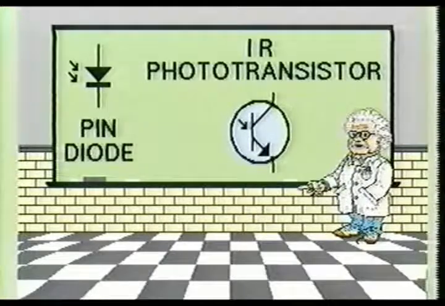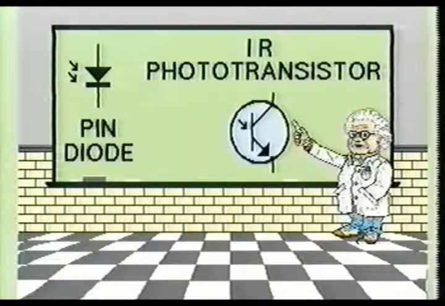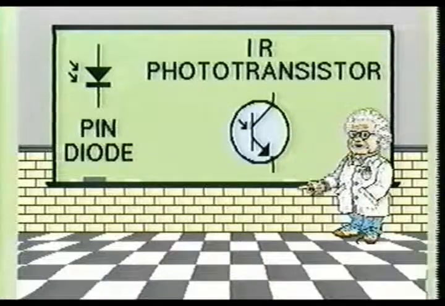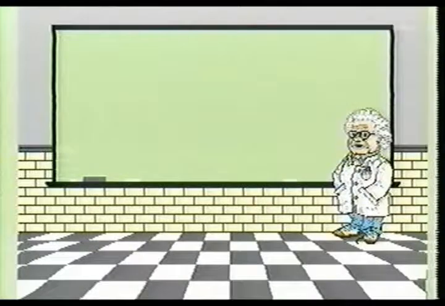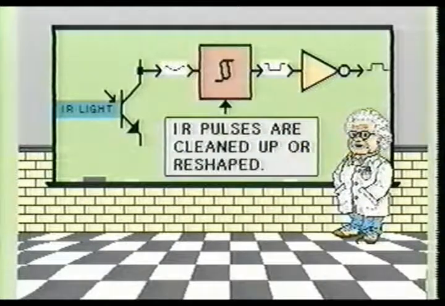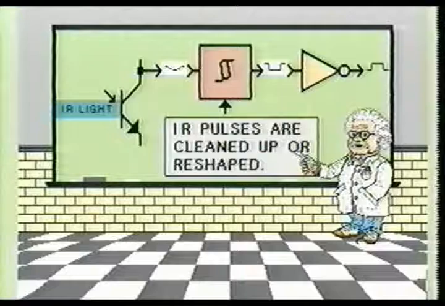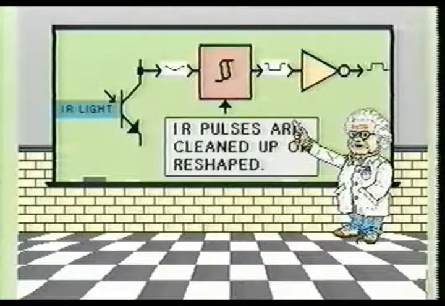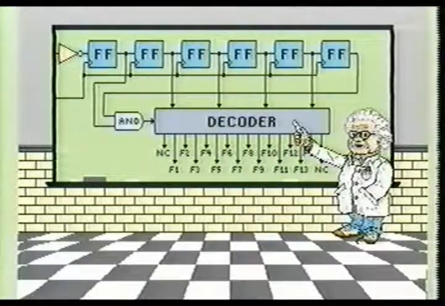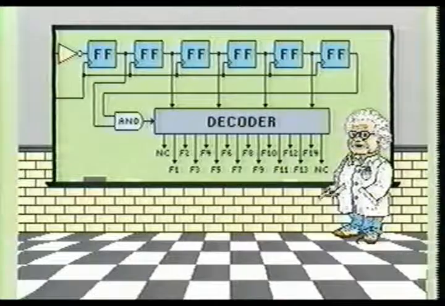The television receiver, which is controlled by infrared light, uses a PIN diode or an IR phototransistor as the detecting device. After the light pulse has been cleaned up or reshaped into a more rigid waveform, a decoding process takes place which chooses one of the function lines.